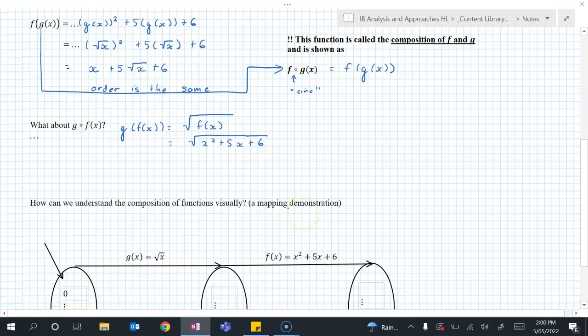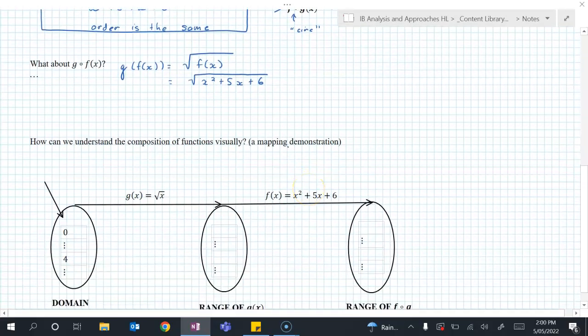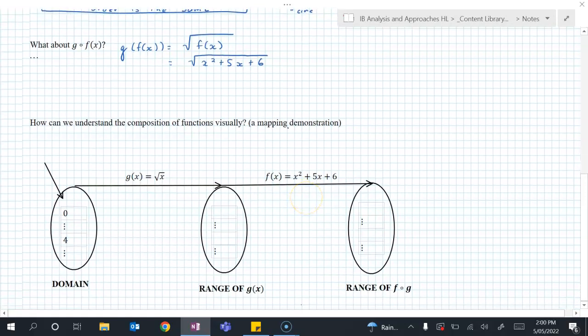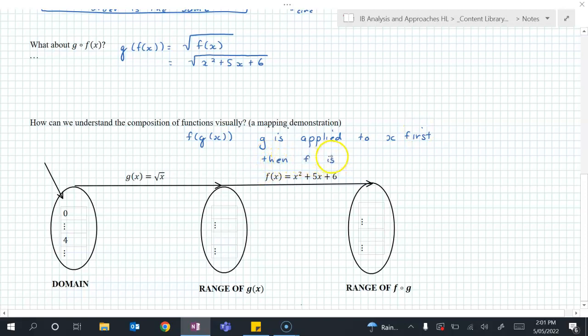So let's have a look at a visual demonstration of what is actually happening in a composition of functions. So if we're taking f of g of x, the first one we did, in here we've got x, and then it's g, then it's f. So g is applied to x first, then f is applied to the values that come out when we apply g to it.